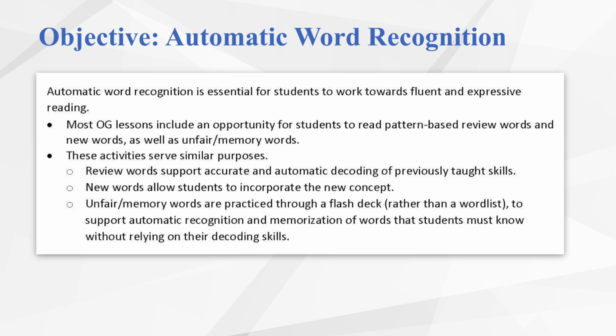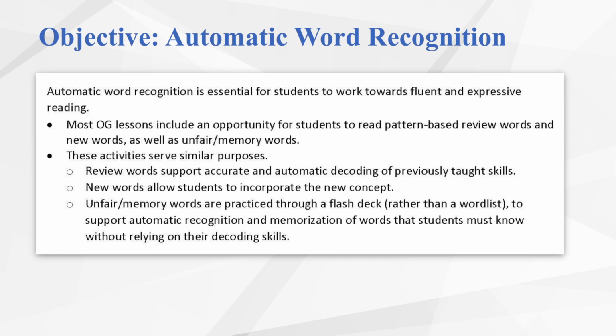Through this cumulative review, we provide students with some of the review needed to reach automaticity. In new words to read, the students practice applying the newly taught phonics skills to decode words.